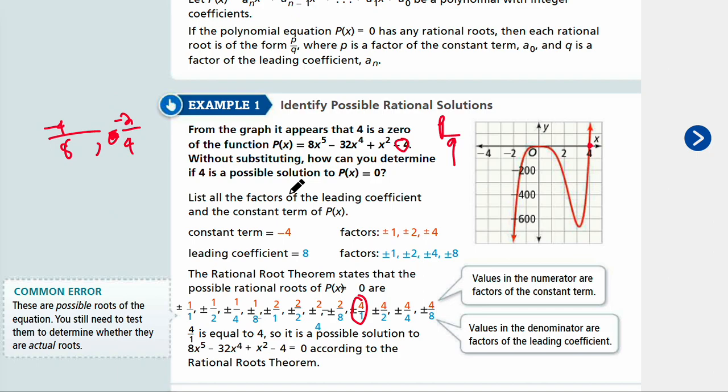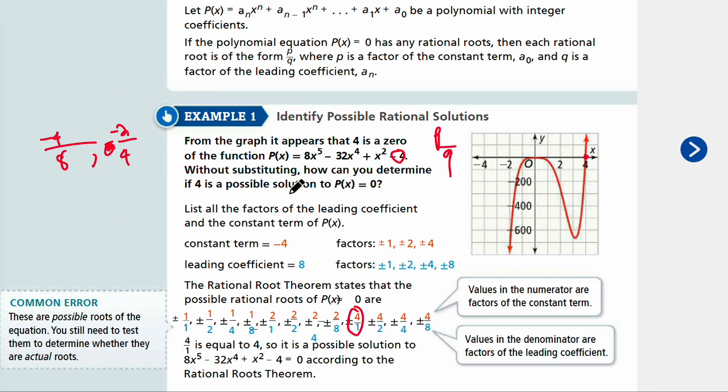But this is just another way to say these are possible roots. So it's not weird that in the graph it looks like 4, but actually maybe it's 4.1, right? When things like that happen, you can double check your solutions from the graph by the possible factors, and that's how this theorem is useful.